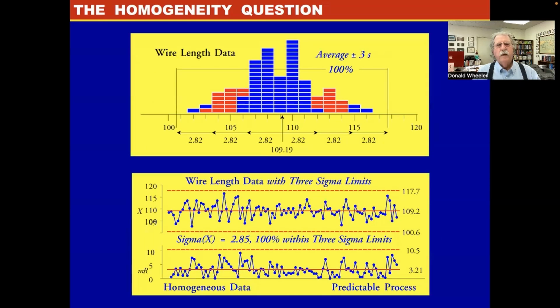So, for the wire links data, the standard deviation statistic was 2.82, and we had 100% within 3 standard deviations. And sigma is 2.85, and we have 100% within 3 sigma. So we'll say these data are homogeneous. Therefore, the underlying process is predictable.